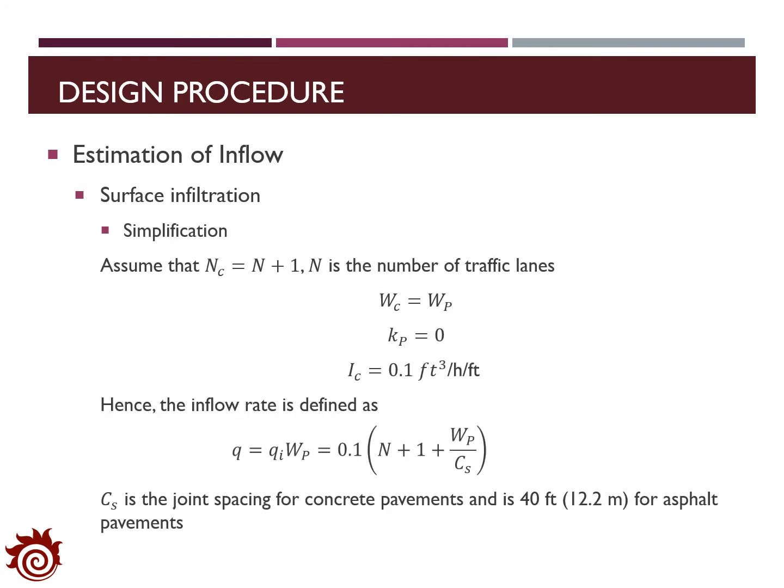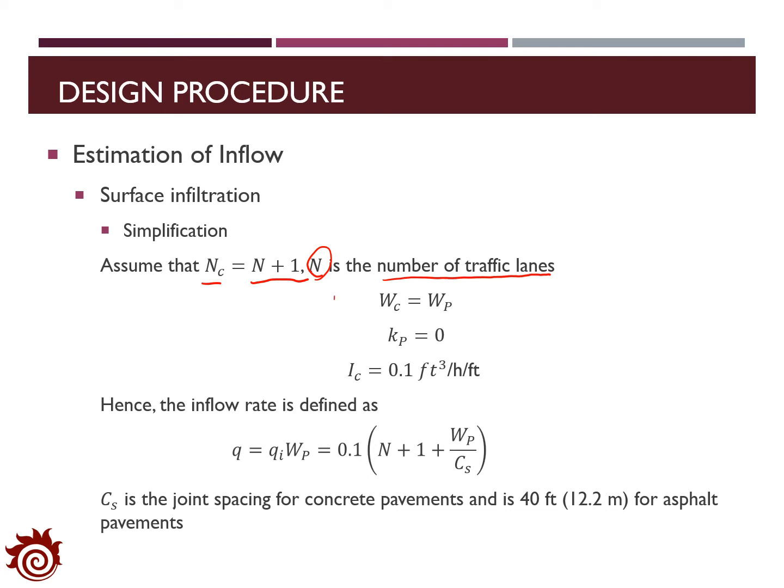The previous equation is very complicated for us to estimate the infiltration rate. We can actually apply some simplification based on the pavement structure. Here we can assume Nc, the number of the longitudinal cracks, as n plus 1, where n is the number of the lanes.